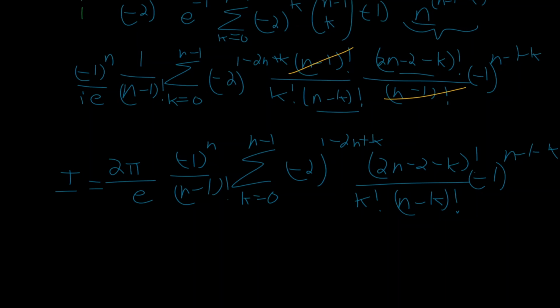Now, the interesting thing here is that we can simplify this even further. The reason for that is because you see here that we have this negative 1 to the n. So right here we have this negative 1 to the n, but we also have another negative 1 to the n right here. One thing we can do is just combine these terms. So we can say that we now have just 1 and then 2 right here.